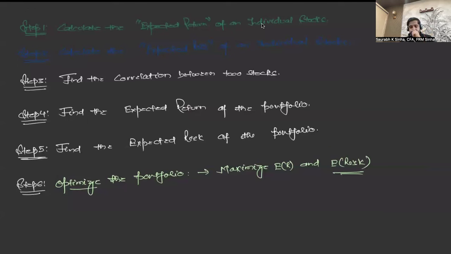Cool. So optimize the portfolio, where we'll try to maximize the return and minimize the risk. So it's minimize the risk. Let's write it down. Minimize the risk. Okay, so there could be a possibility that first we put down a lot of time to just discuss the expected return of an individual stock.